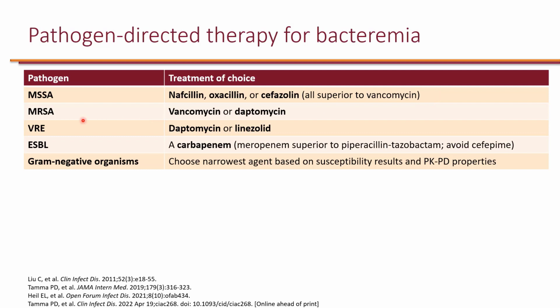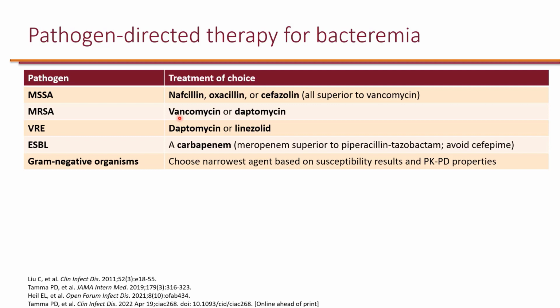For MRSA bacteremia, drug of choice is vancomycin or daptomycin. Vancomycin is historically more affordable than daptomycin, so people most often use vancomycin. Now, that is based on direct cost of acquisition when you compare vancomycin to daptomycin.